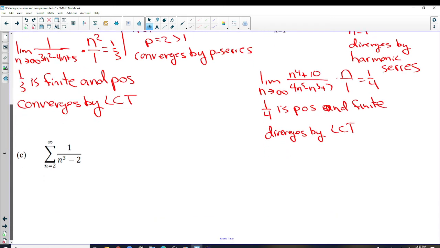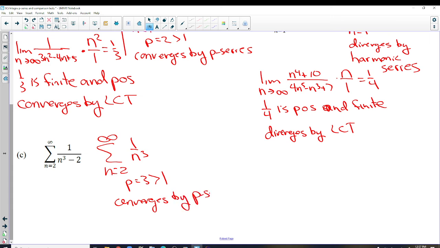Letter C. Let's compare this to the sum from n equals 2 to infinity of 1 over n to the 3rd. p is equal to 3, that's greater than 1, so this converges by p series. And let's take the limit as n approaches infinity of 1 over n to the 3rd minus 2 times n to the 3rd over 1.